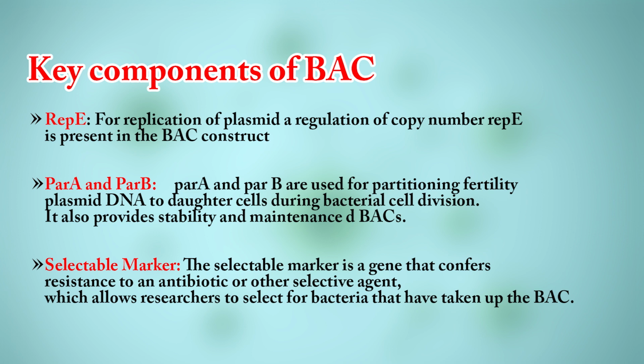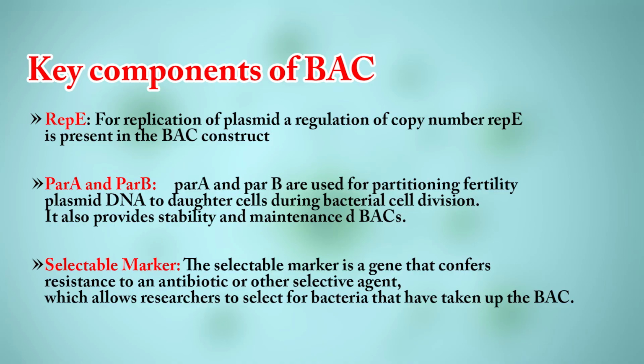And when it divides, we certainly need that once the division starts, its partitioning is important, and this partitioning is controlled by the par A and par B sequences, which are also present in the artificial construct. It provides the stability, so that it is not going to be lost in the process of division, and it has to be maintained in the dividing cell and passed into the daughter cells.